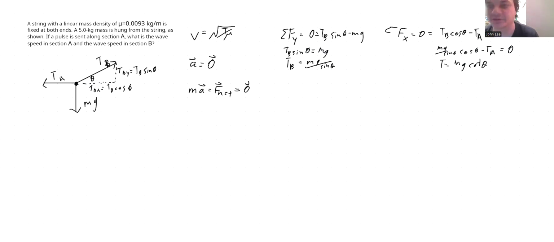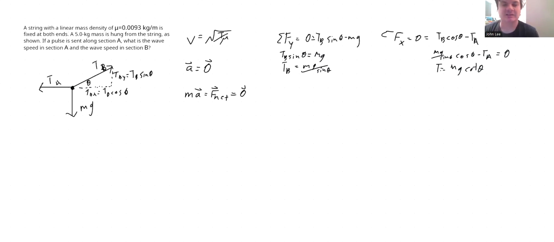You just add TA on both sides, and you simplify the cosine theta over sine theta to be cotangent of theta. So this is pretty clean.